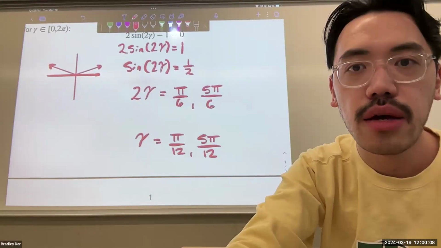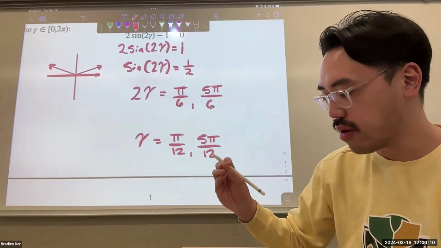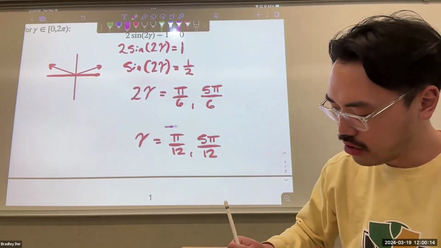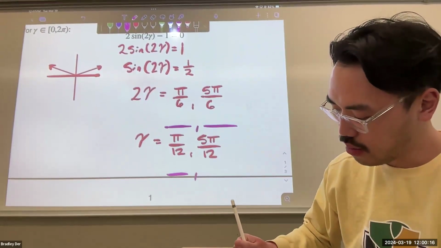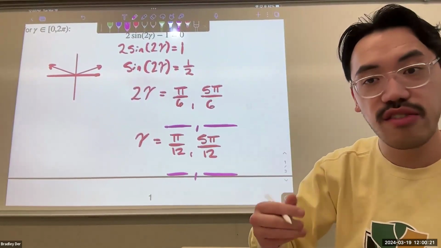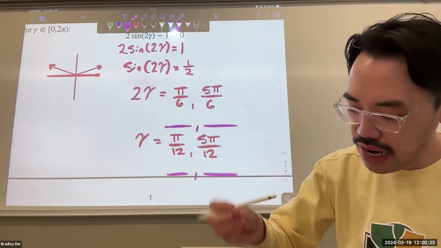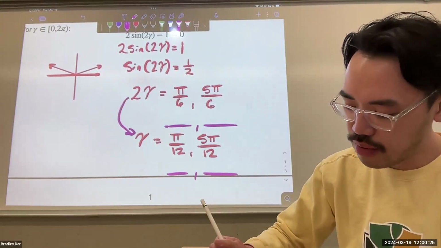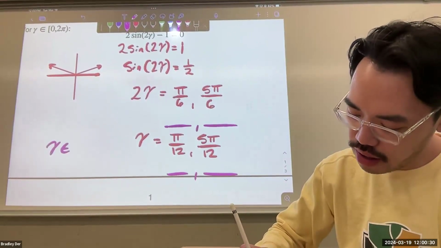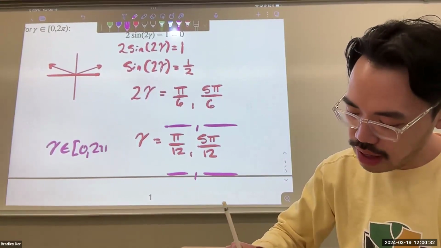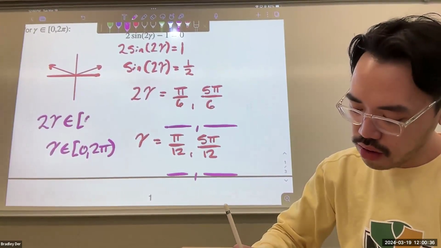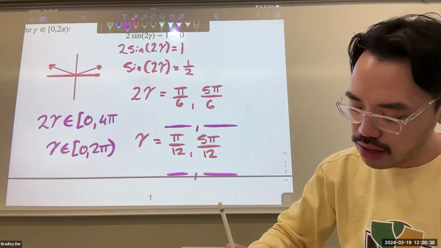If I can hop back over here, in terms of finding more solutions, I'm still missing 2 solutions in both of these steps. And just to give you more representations of how that's happening, if we're dividing by 2 to get from this step to that step, but I want to end here with gamma in the interval of 0 to 2 pi, then really I should be looking at 2 gamma in the interval of 0 comma 4 pi.